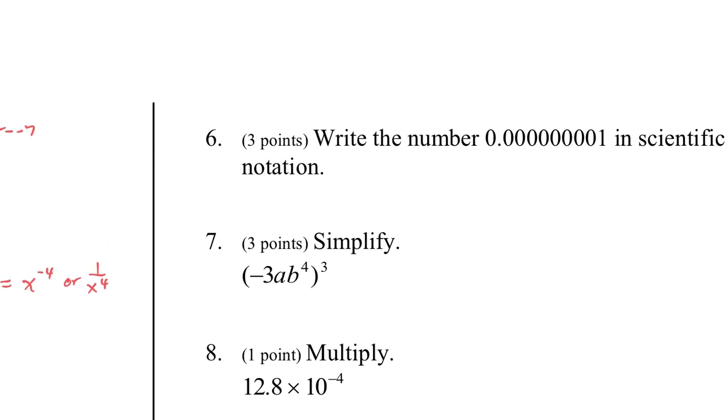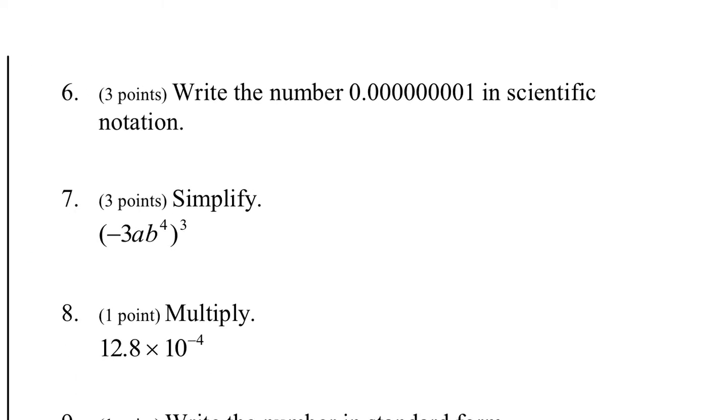Ooh, a tiny number. Write this in scientific notation. Well, let's place our decimal. If we place the decimal here, 0.1 is smaller than 1. And remember, we need something that's between 1 and 10. So it's going to be 1.0 times 10, always times 10.